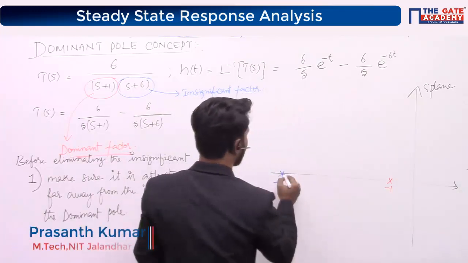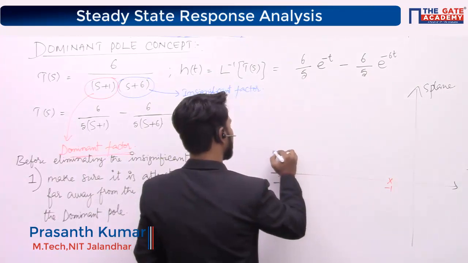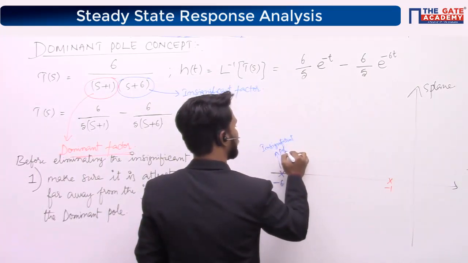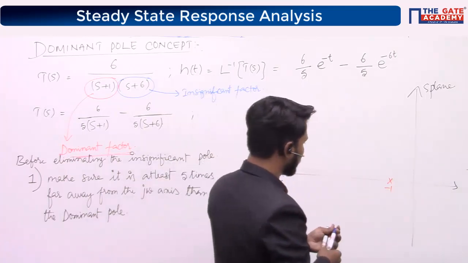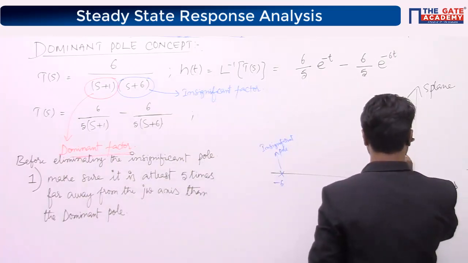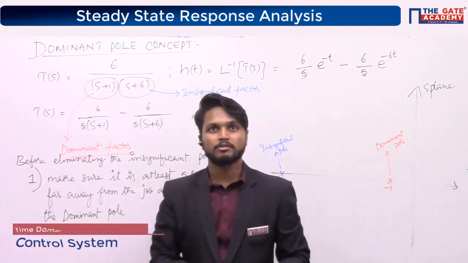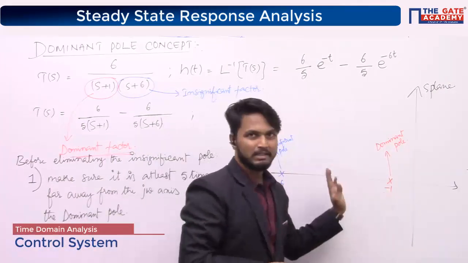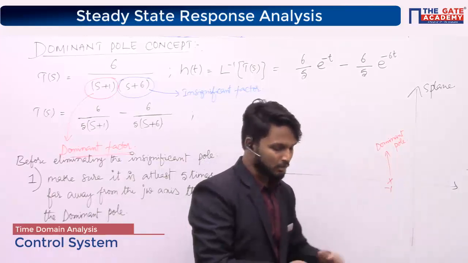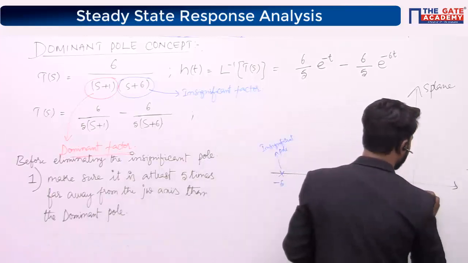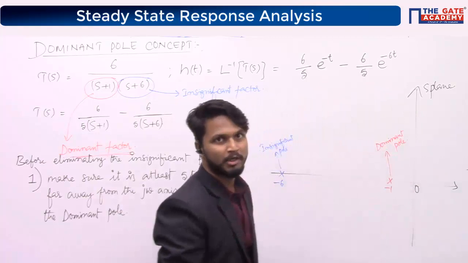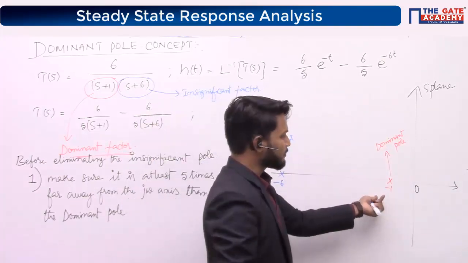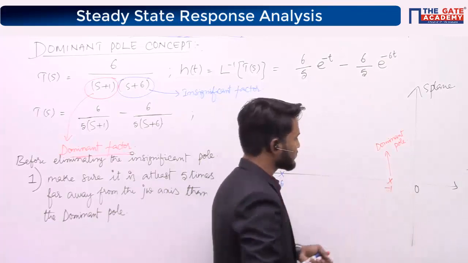So this pole can be called the insignificant pole, whereas this pole is the dominant pole. So the response because of the dominant pole is dominating, right? See, whichever pole is nearer to the j omega axis, nearer to the origin, is called the dominant pole, right?